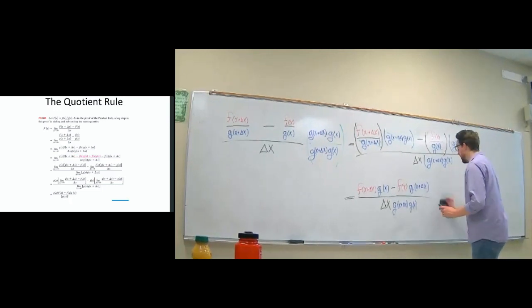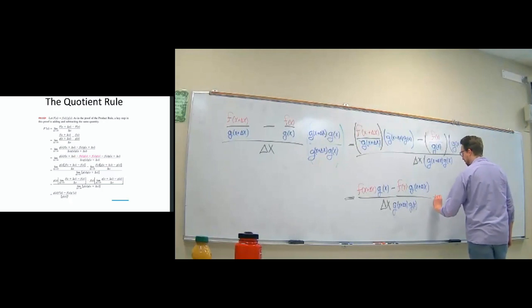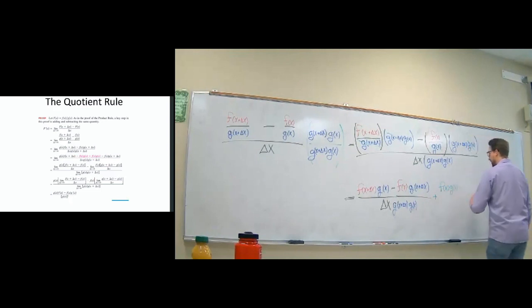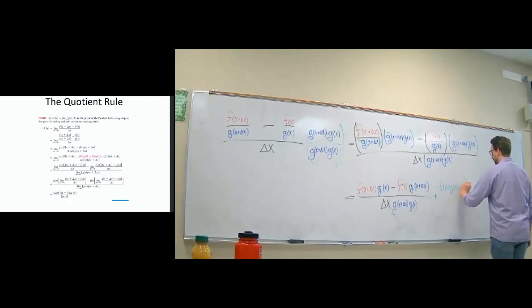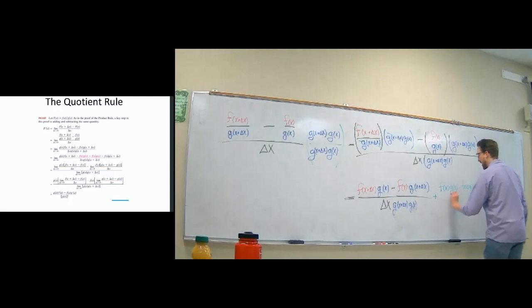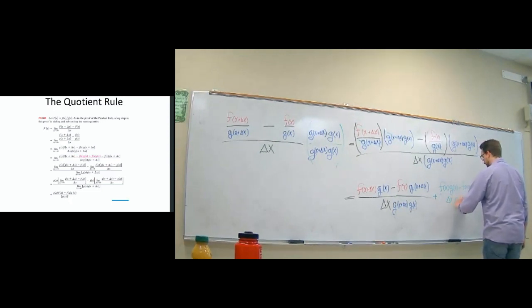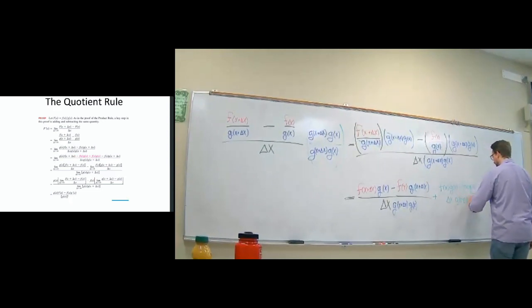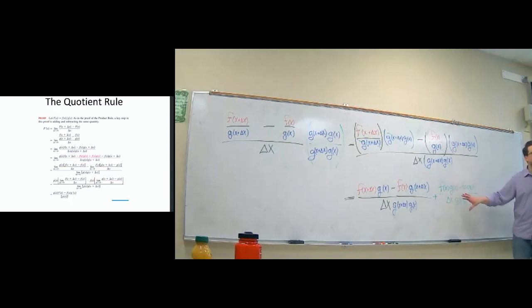Now we're going to say, well, this thing plus f of x, g of x, minus f of x, g of x, divided by delta x times g of x plus delta x times g of x. Because this thing's 0 right here, right?